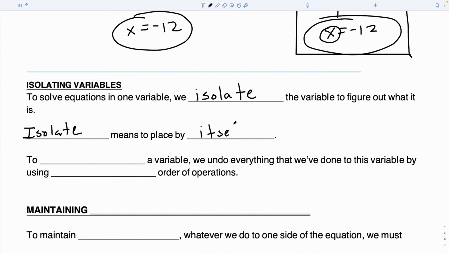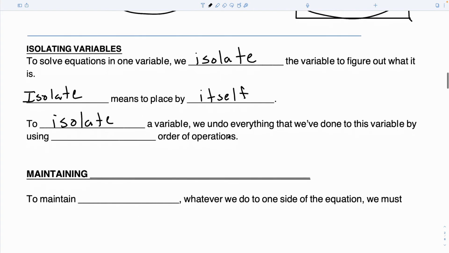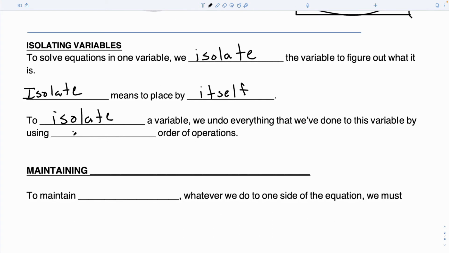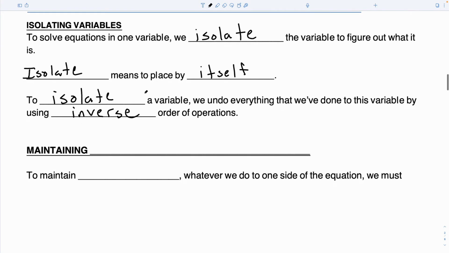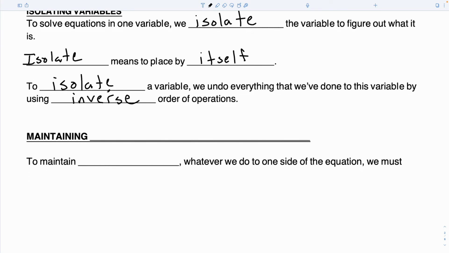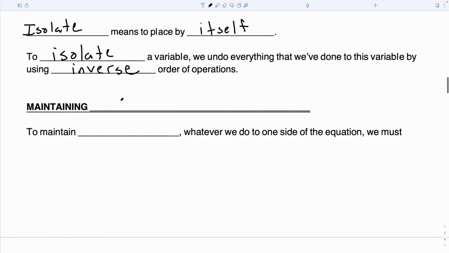And to isolate a variable, we undo everything we've done to this variable by using inverse or opposite operations. Inverse operations. So we start with addition and subtraction, then we move up the pyramid. We do the opposite of whatever is happening.